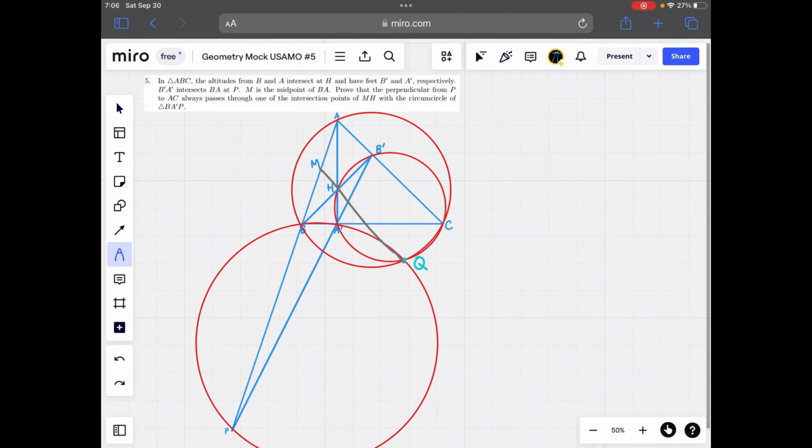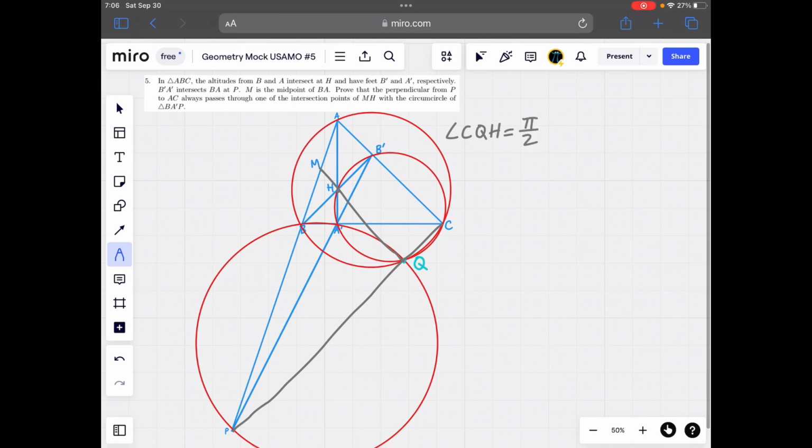In this case, the diagonals intersect at H, and the points where opposite sides meet are C and P. So Q is the orthogonal projection of point H onto line CP. So we can write angle CQH equals pi over 2.